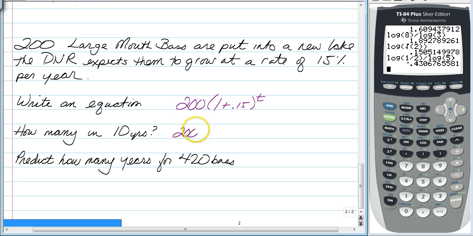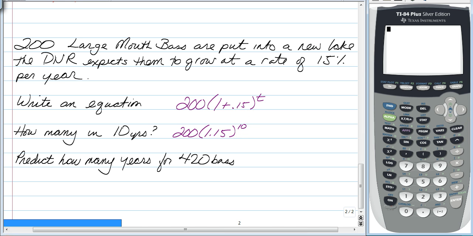That would just be 200 times 1.15 raised to the 10, and that's just a calculator problem. We type it in, 200 parentheses 1.15, close parentheses, raise it to 10 years, click enter, and we got a whole bunch of fish to go catch. We have approximately 809 fish to go catch.